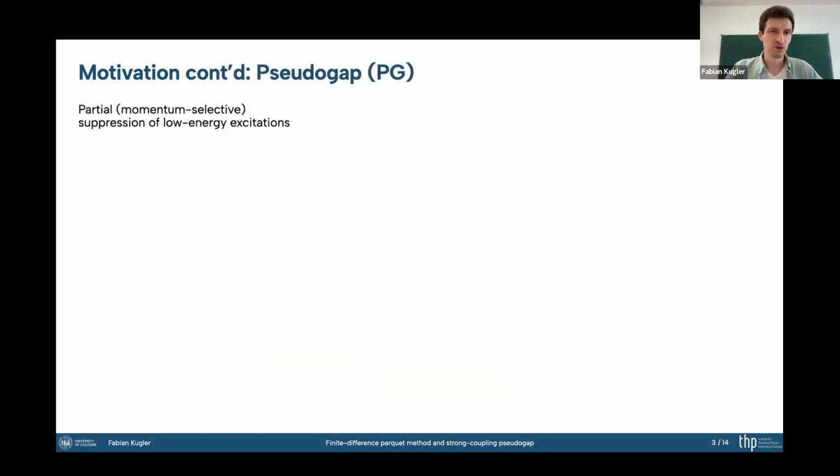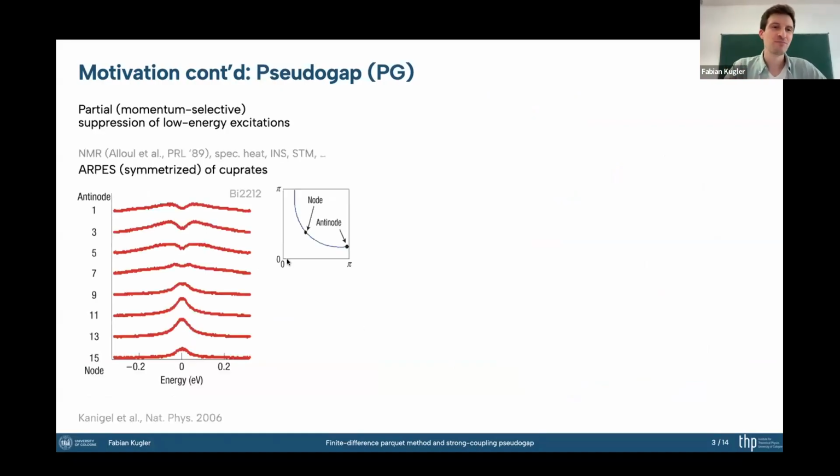Now, to get everybody on board, what is the pseudogap? What do we mean by that? We mean a partial momentum selective suppression of low energy excitations. It's been very well documented in the cuprates, and among the many experimental observables, I here brought some symmetrized ARPES data.